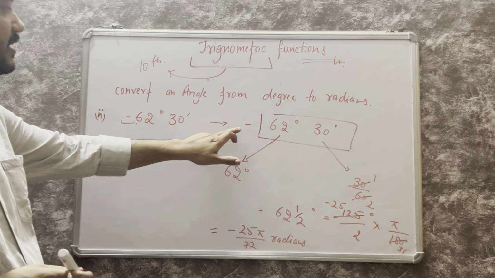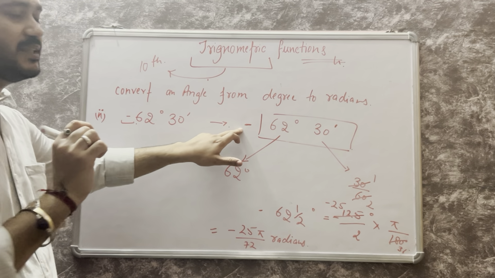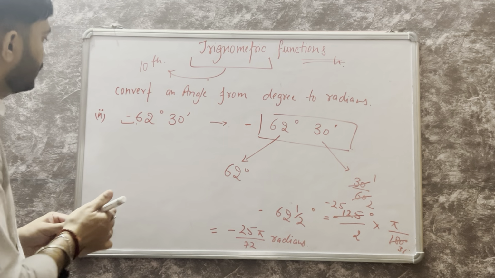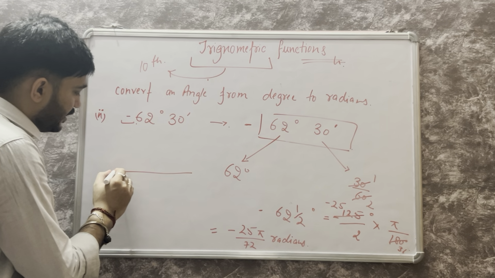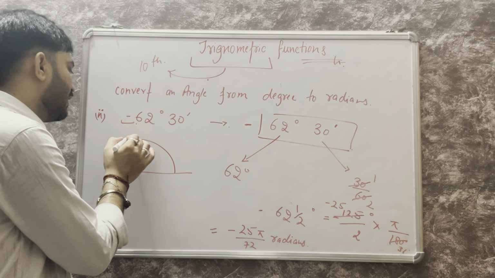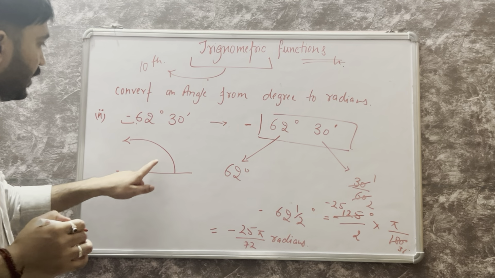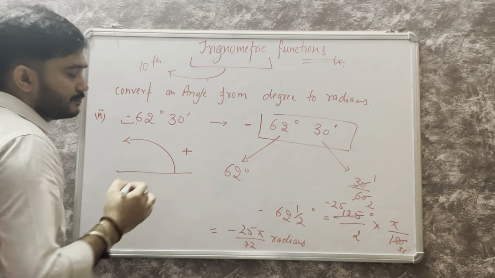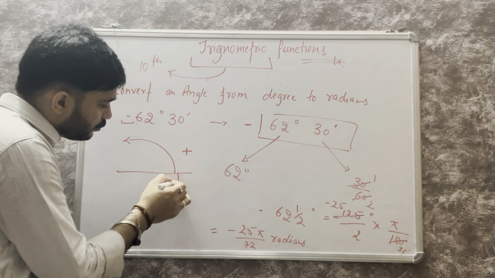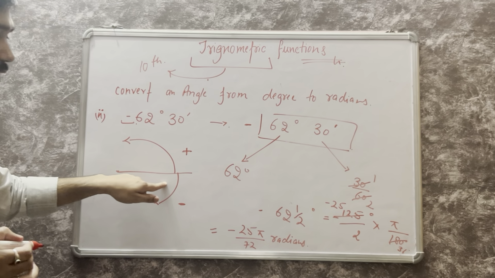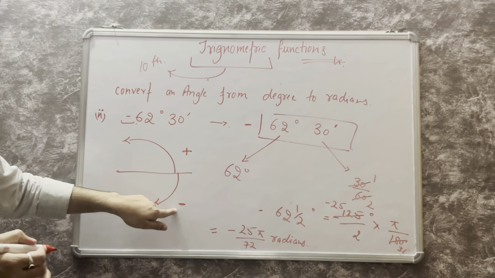The minus here is just a representation, nothing else. What does minus indicate? Let us see first. When we move anti-clockwise in an angle, it represents positive. And when we move clockwise in an angle, it is known as negative.